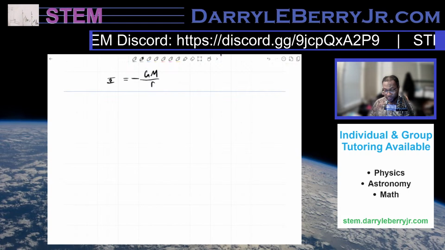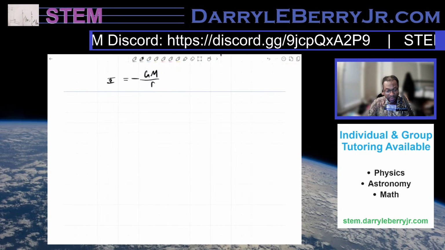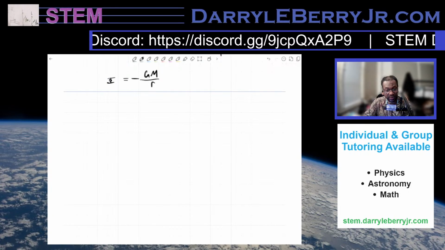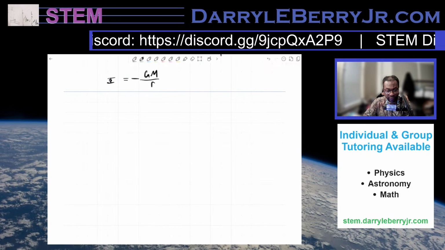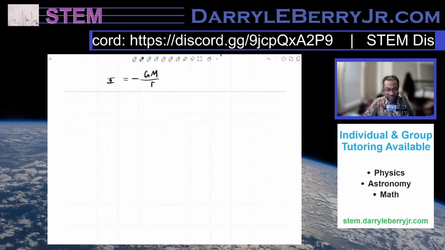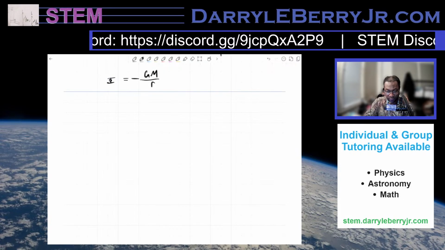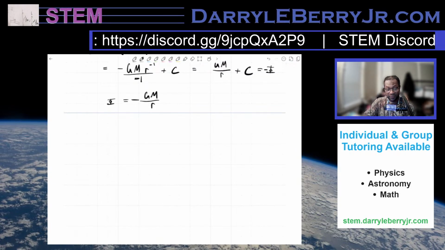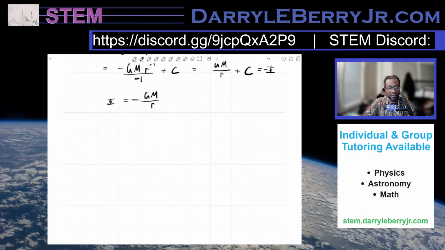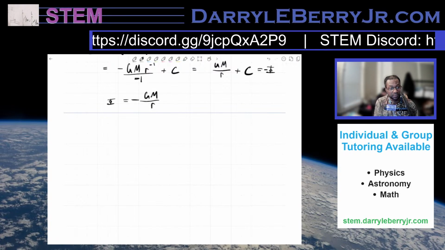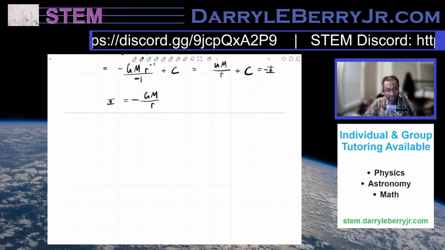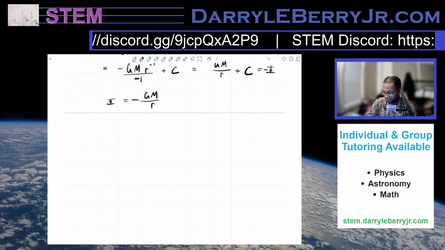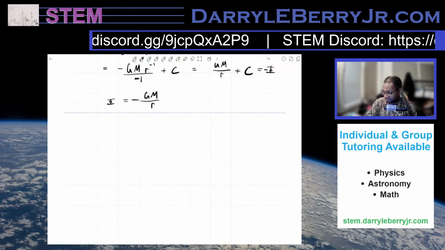So if we were to get the gravitational potential of the sun at the sun's surface, we need to get some sun facts. So this site here, the sun fact sheet, one of my favorite sites. I seem to use it in almost every class.